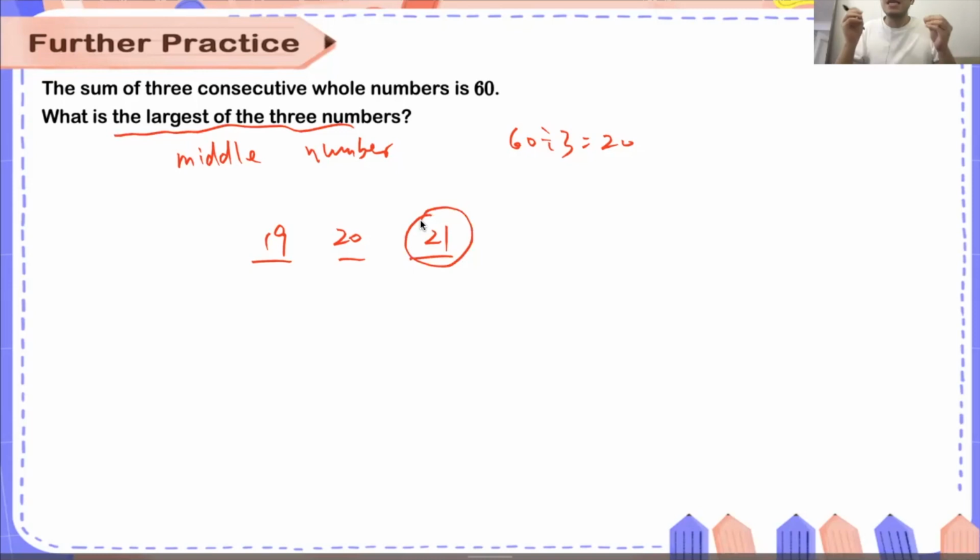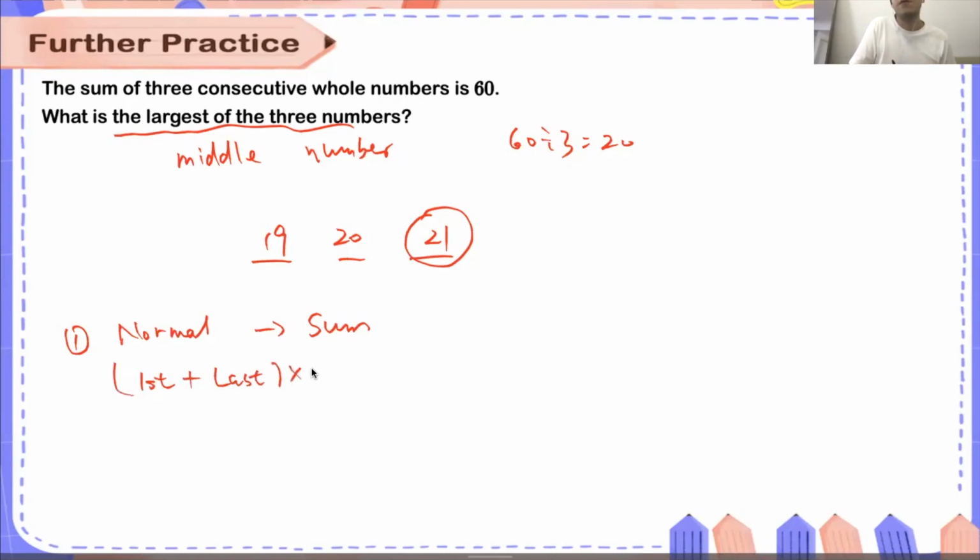Congratulations. In today's lesson, you learned 2 methods. One is the normal method for sum. That is, first plus last term times the number of terms divided by 2, okay? And the second method, I just call the middle number method.